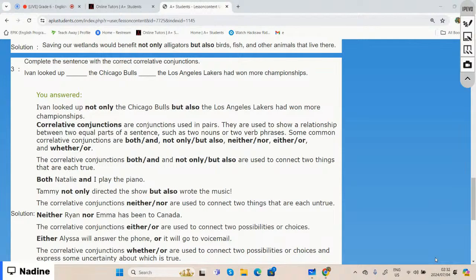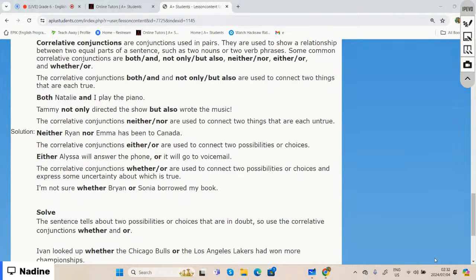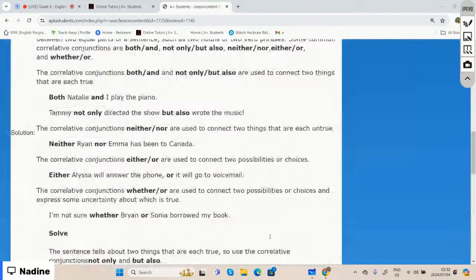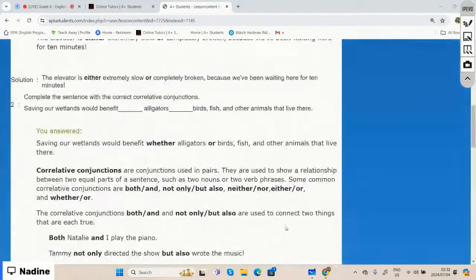All right. So now we're going on to our test where we are going to select the correlative conjunction, right? And we said correlative conjunctions are conjunctions that are used in pairs. It's either or, neither nor, right? They are used to show the relationship between the two equal parts of a sentence, for example, like a noun or like a verb phrase.